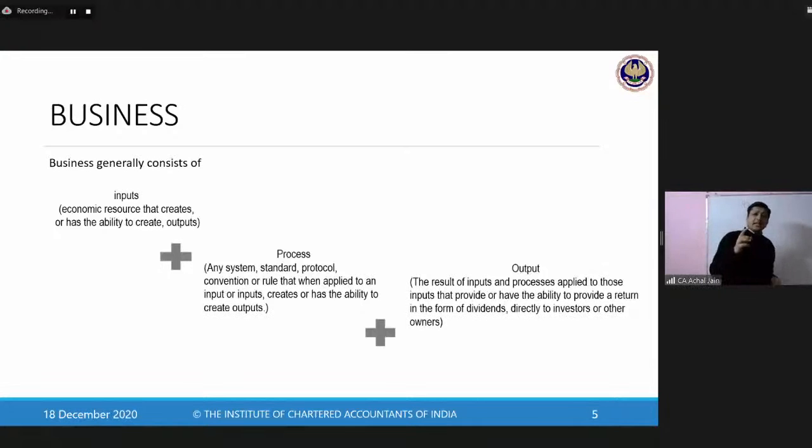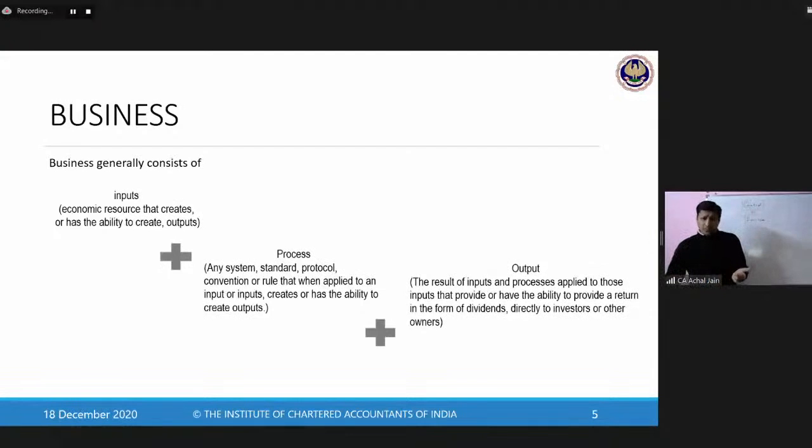If there is a process which is able to convert that input into an output, only then can we say it's a business. Otherwise, we cannot say it's a business.